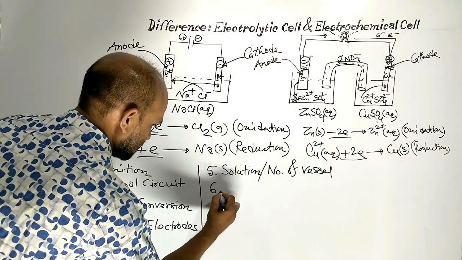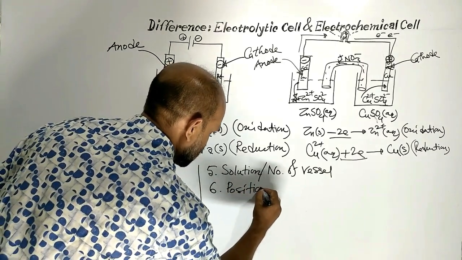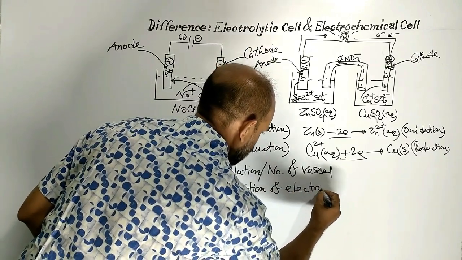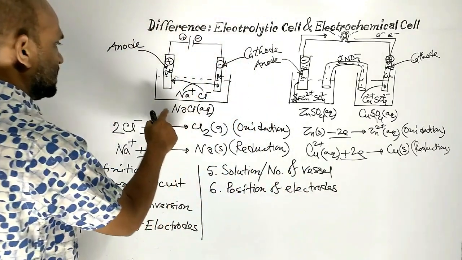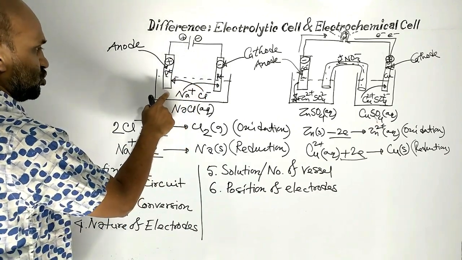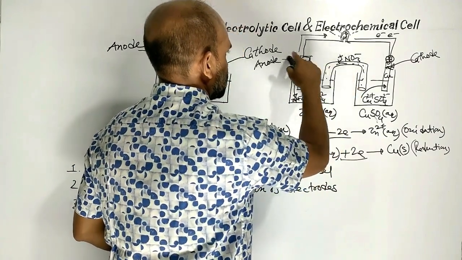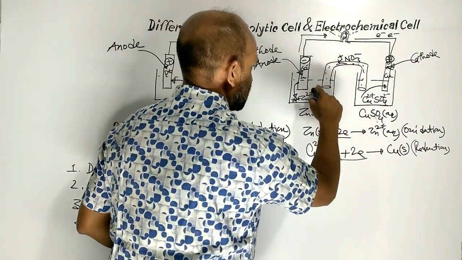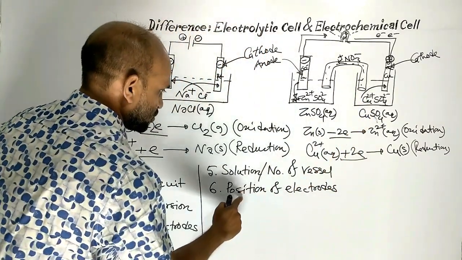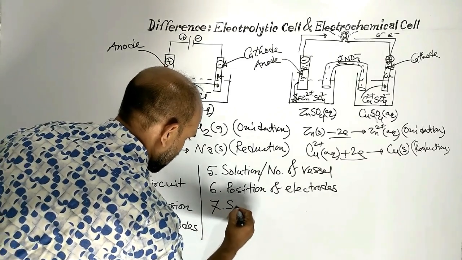Number six, position of electrodes. In electrolytic cell, two electrodes are placed in one solution, but in electrochemical cell, two electrodes are placed in two different solutions. Number seven, salt bridge.